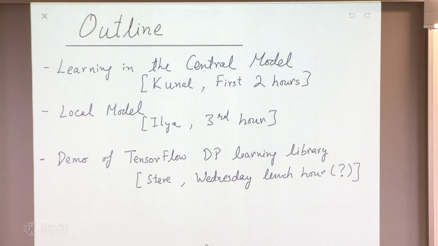And I believe the current plan, which isn't fully solidified yet, is to have Steve Chen, another colleague of mine, give a demo of the differentially private machine learning library that we've built at Google and open sourced. If any of you want to try that library out, we'll have a demo to see how it actually works in practice.